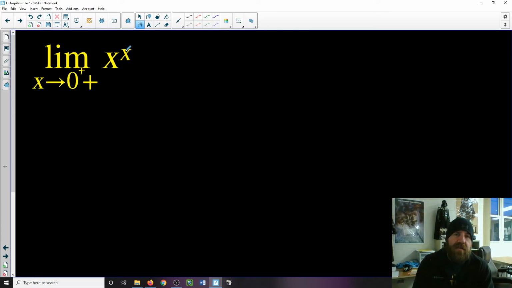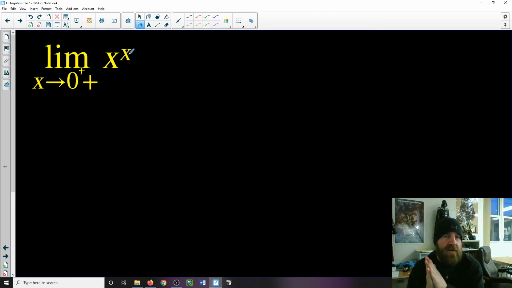So what we need to do is try to turn this into a fraction. And we've dealt with a problem like this before, not limit-wise, but we have dealt with taking the derivative of x to the x. And if you remember the trick that we used, we need to get x out of the power.